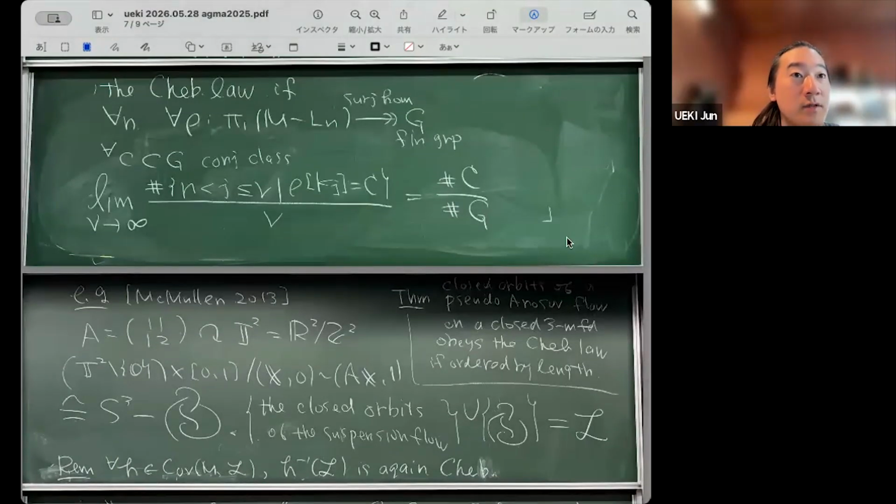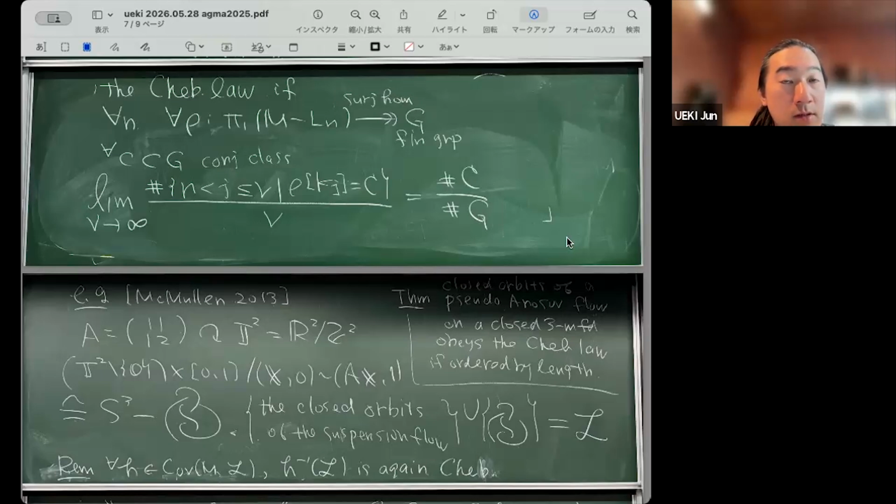And we have a theorem that gives an example of a Chebotarev link. This is a result of McMullen. Let A denote the matrix (1,1;1,2) acting on the torus. Then it also acts on the torus minus the origin. Its mapping torus is homeomorphic to the exterior of the figure 8 knot, and we obtain the so-called suspension flow.